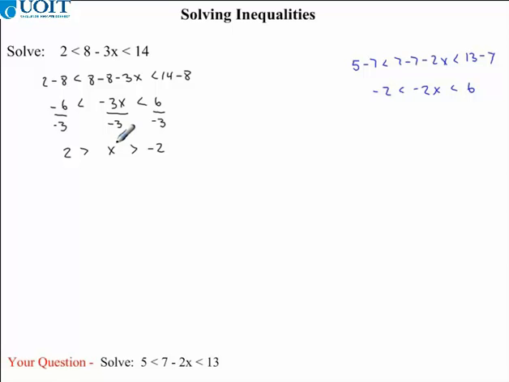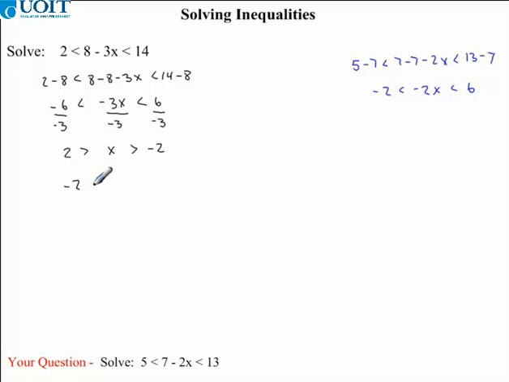Whenever we have a variable that's bounded by two numbers, we want to rewrite this with less than signs. We can do this easily by just rearranging our inequality here. We'll just bring this negative 2 to the left-hand side.